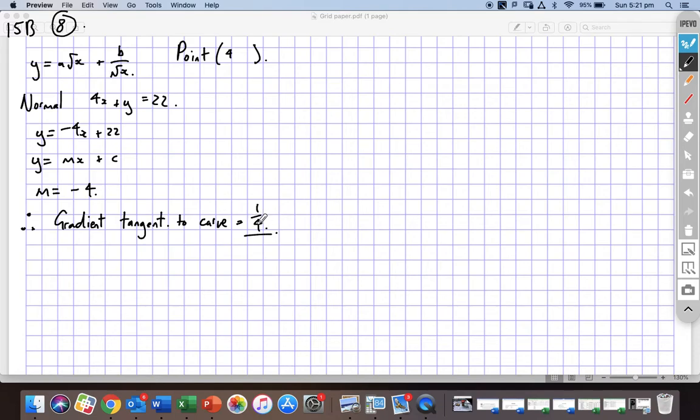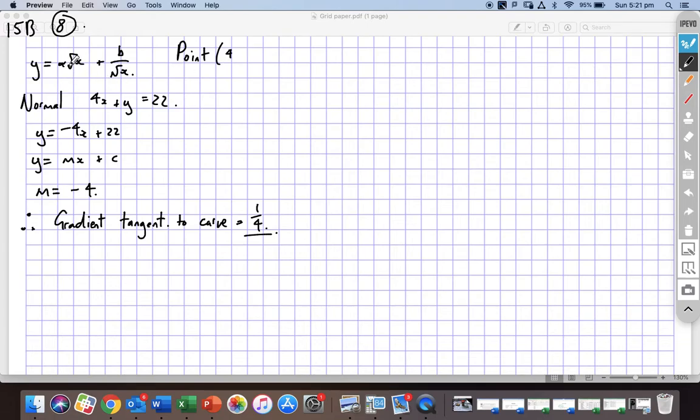Okay, so x equals 4. We could write what the y value is. It'll be a times, let me see if I can undo that.